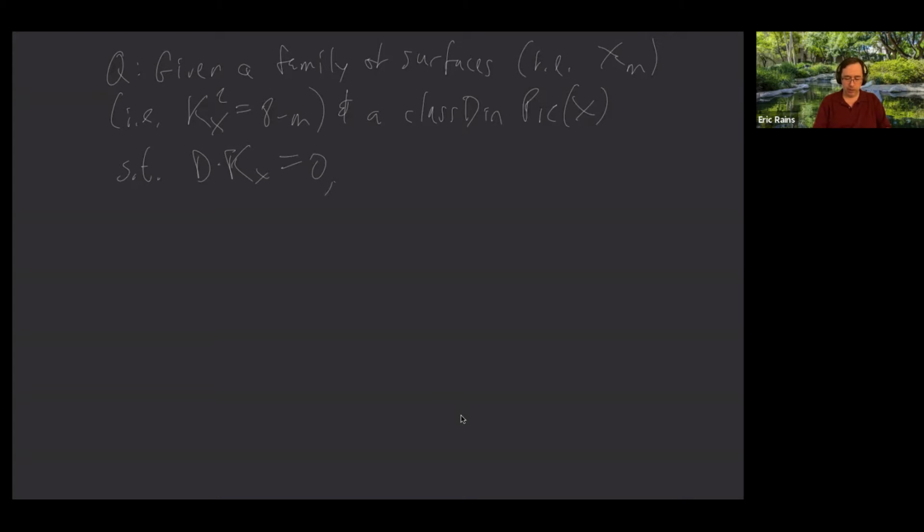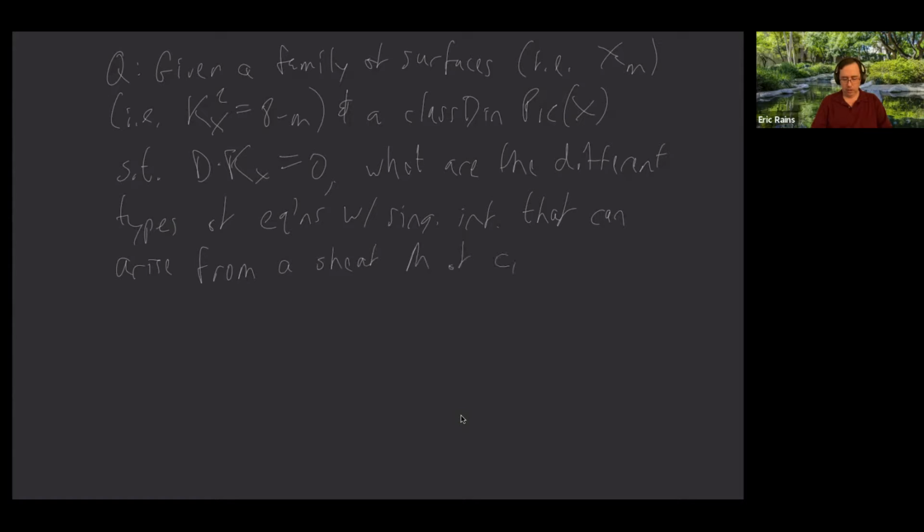So what we want to understand is, what are the different types of equation with singularity structure, or with singularity information, that can arise from a sheaf with Chern class D, or equivalently a one-dimensional sheaf supported on a curve of class D, and let's say fixed Euler characteristic.